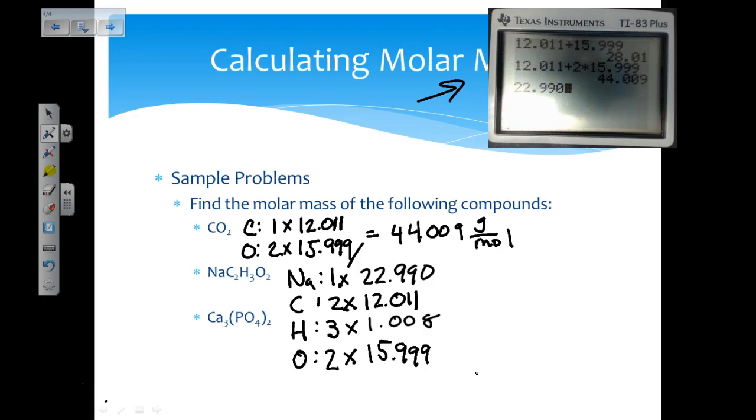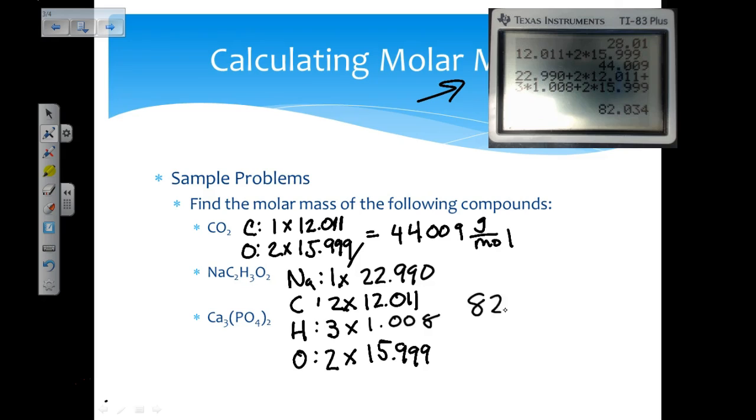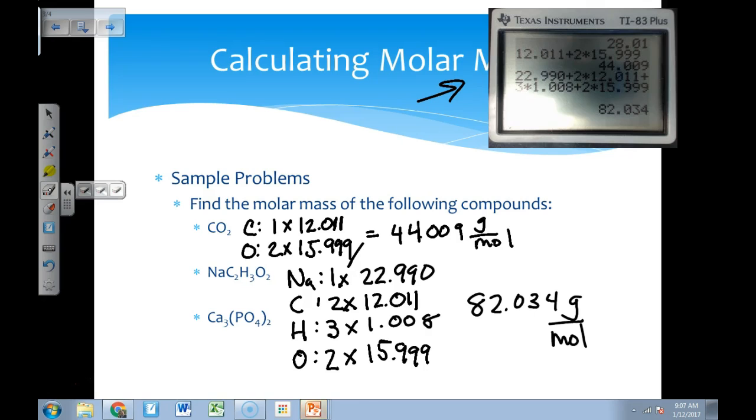Now that is going to be added to 2 times 12.011 plus 3 times 1.008 plus 2 times 15.999. And when we do that, we get a molar mass of 82.034 grams per mole. Okay, that's pretty good stuff.